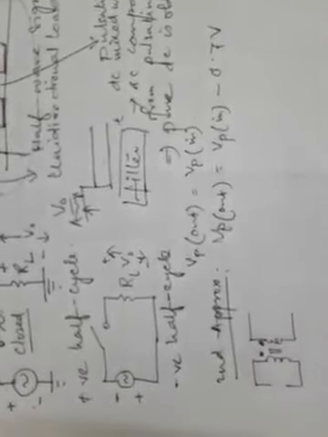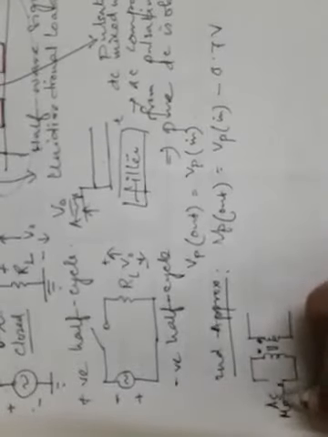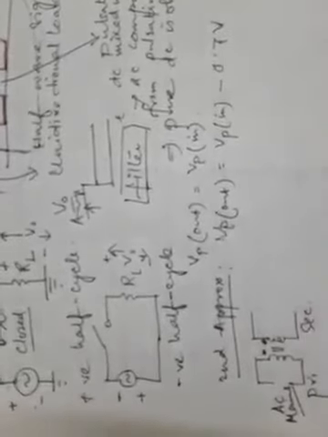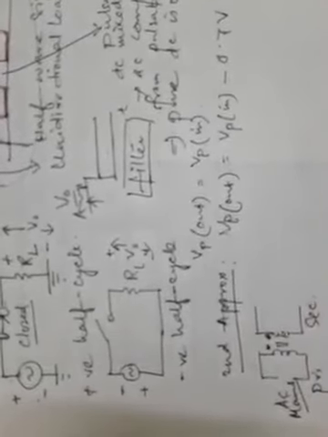This is a transformer where AC mains is applied at the primary end. You know, this is the primary end of the transformer and this is the secondary end. So the diode is connected like this and a load resistance RL is connected here.